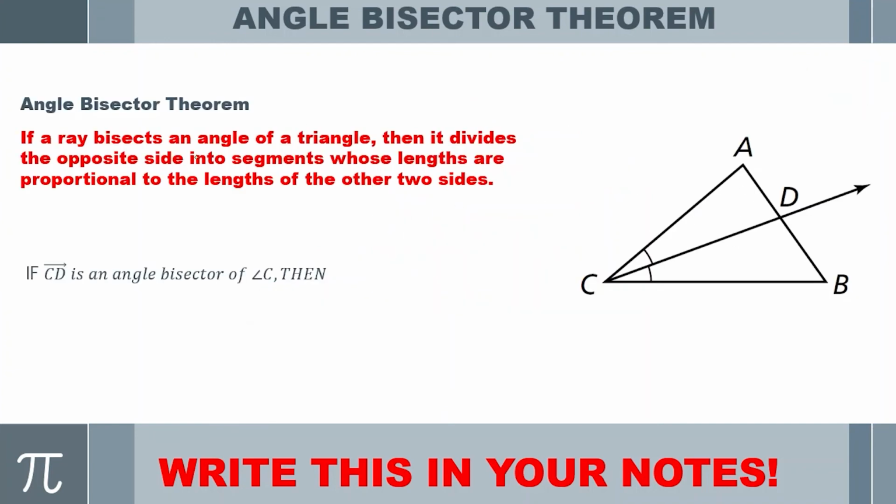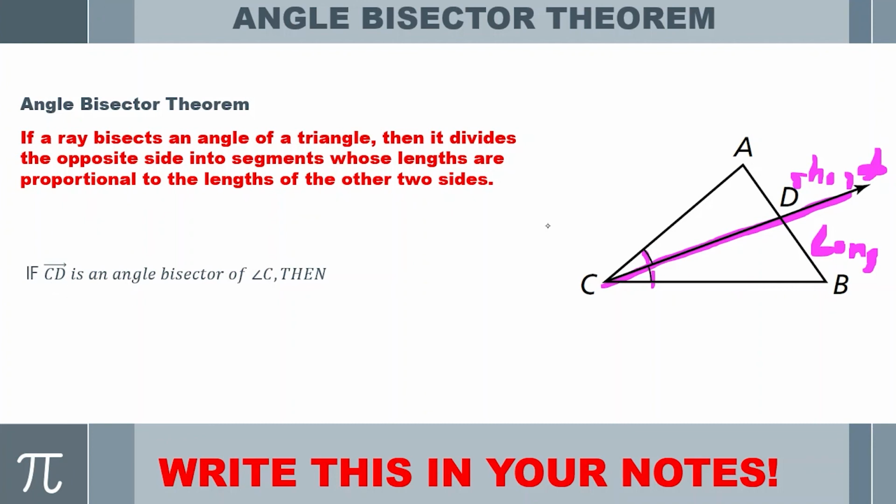So here's the official theorem that you need to write in your notes. Same diagram. If a ray bisects an angle of a triangle, so here's your ray bisecting the angle, then it divides the opposite side into a long piece and a short piece, segments whose lengths are proportional to the lengths of the other two sides. So we can finish this statement here.